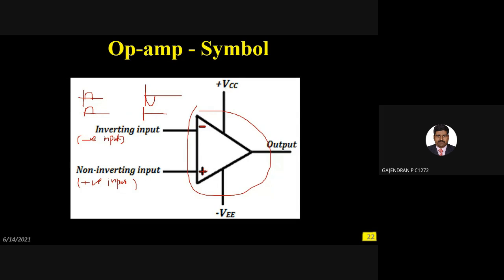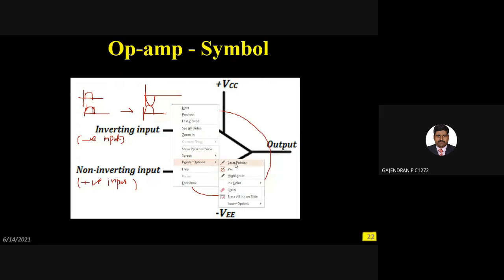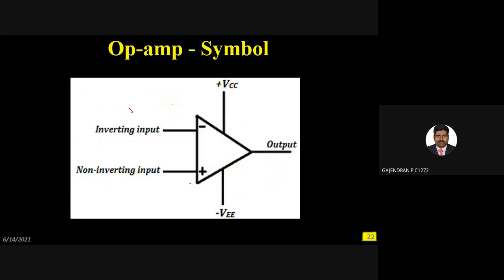If this is my input to a non-inverting amplifier, what about the first half cycle of the output? This is positive going, so the output will also be positive going.